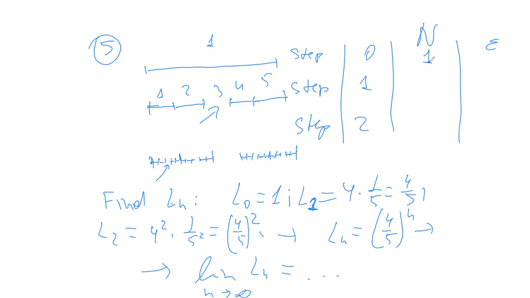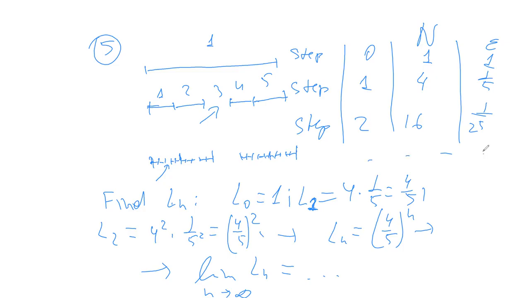So here on step 1, you will need to apply your ruler 4 times and the size of your ruler is 1/5. On step 2, you will need 16 rulers and the size of the ruler is 1/25 and so on.